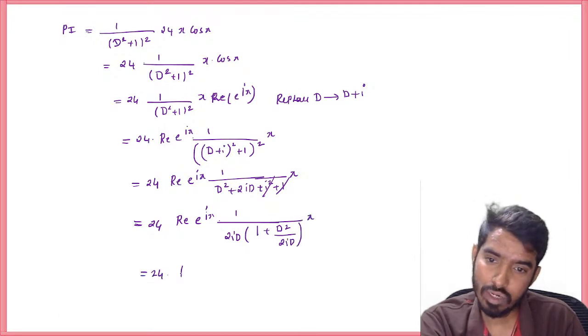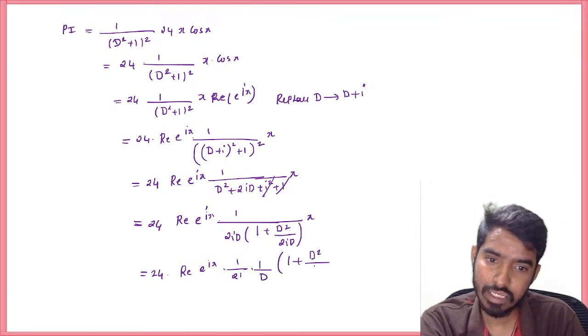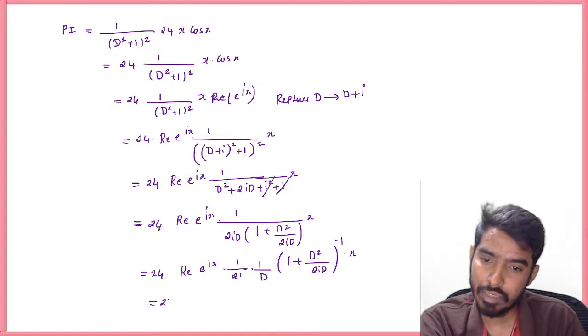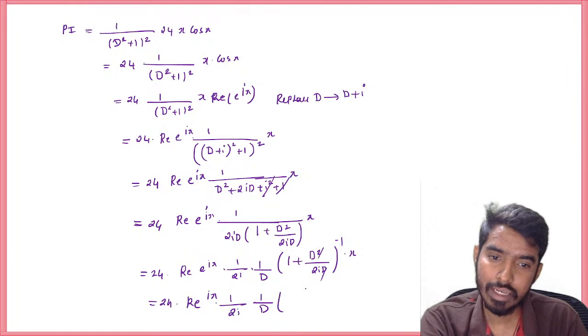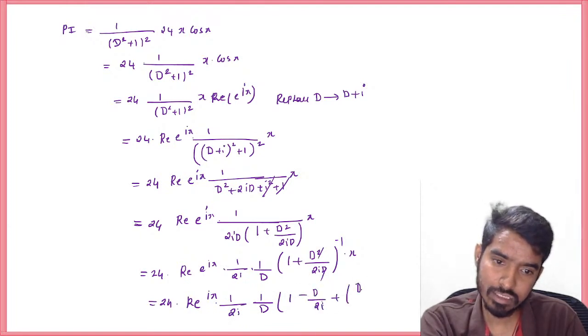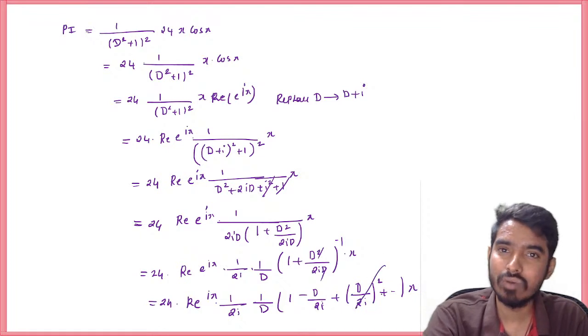So this will be 24 times the real part of e power ix, 1 by 2i, into 1 by D times (1 plus D square by 2iD) whole power minus 1, into x. That will be 24 real part of e power ix, 1 by 2i, 1 by D. This D by D will get cancelled, so 1 minus x plus x square and so on, up to x. Since we have x here, we don't even need the D square term, right?